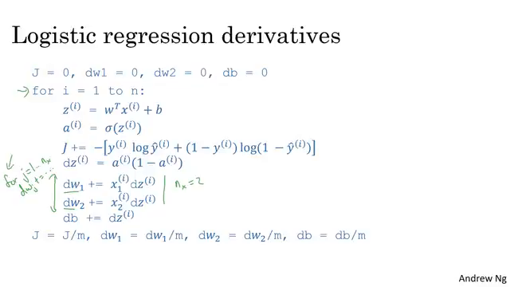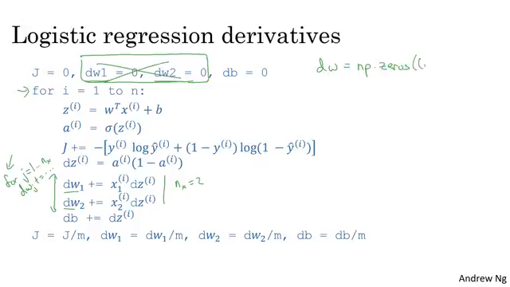That's what we'll do on this slide. Instead of explicitly initializing dw1, dw2, and so on to zeros, we're going to get rid of this and instead make dw a vector. We're going to set dw equals np.zeros, and let's make this an nx by 1 dimensional vector.